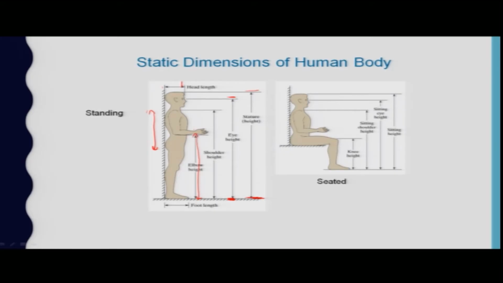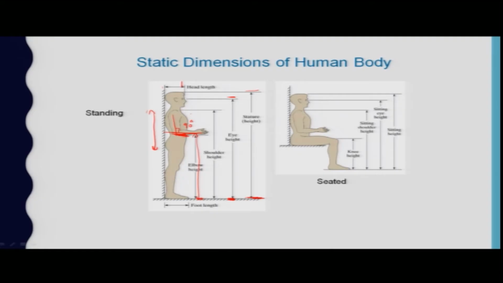Elbow height is defined as the vertical distance between the floor and the lowest bony point of the elbow, with the upper arm hanging freely and the elbow fixed at 90 degrees. This is the 90 degree.